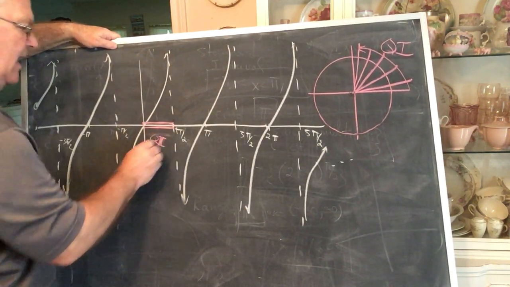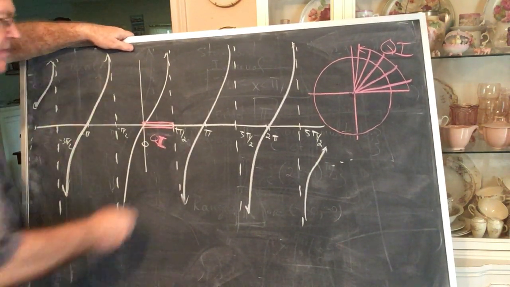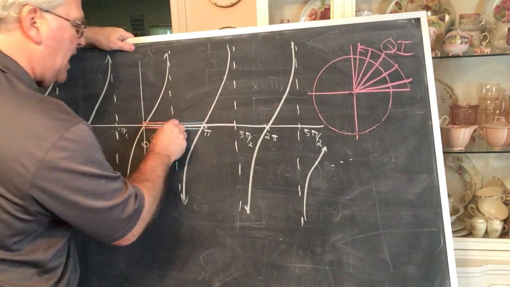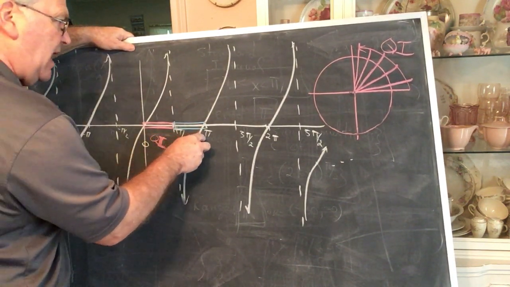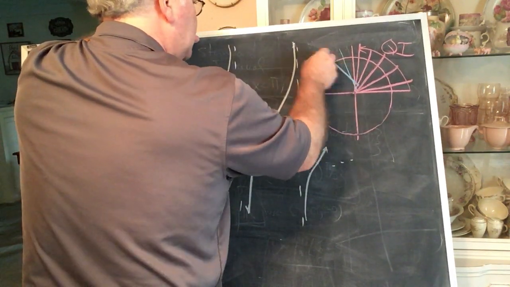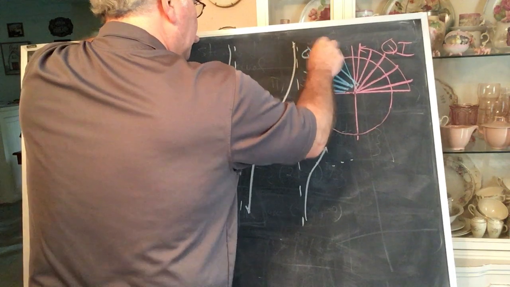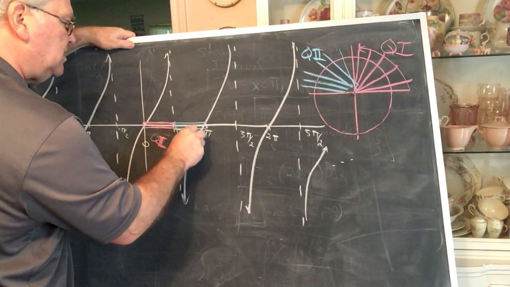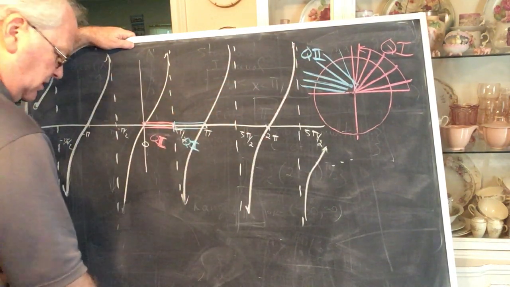So there's a sense in which this little interval of the number line corresponds to quadrant 1 angles. And then similarly, as x goes from pi over 2 to pi, that corresponds to these angles in this picture, which is quadrant 2. And that continues as you go along the number line, as you go around the circle.